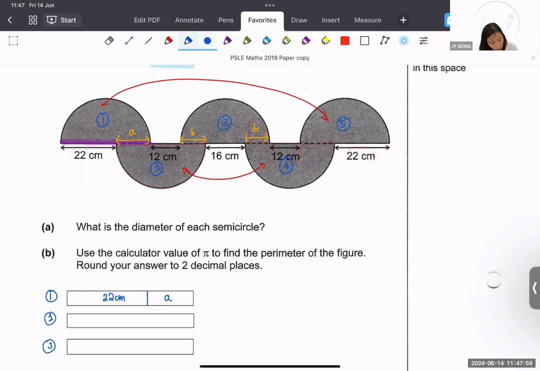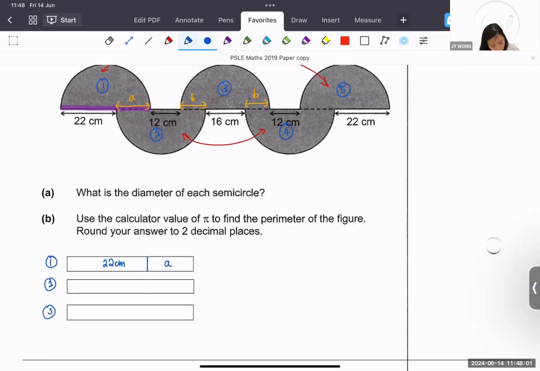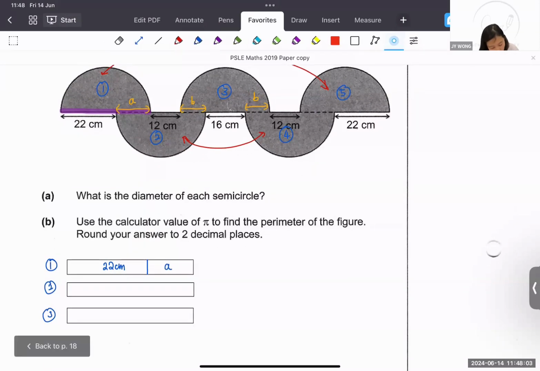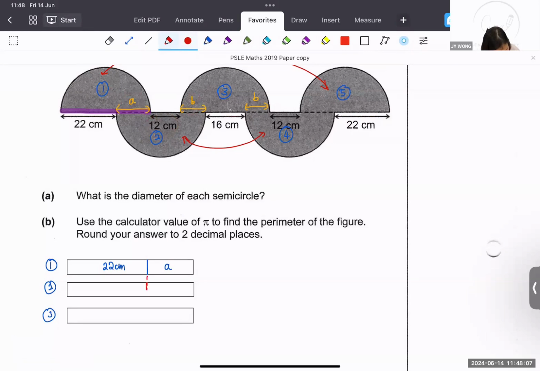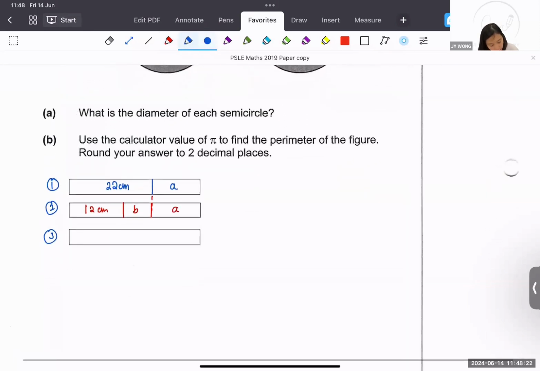Once I'm done with 1, I can go to 2. I know 2 is made up of A, 12, and B. So I will let the A be on the same side, so it's easy for me to see. And then I have B and I have 12 cm. You can actually see something from here already.